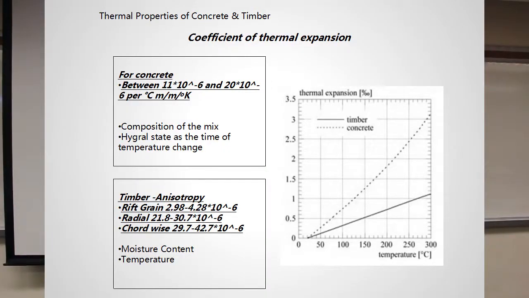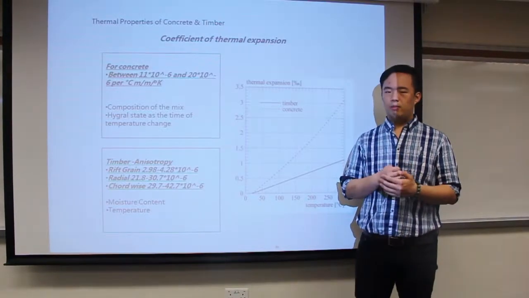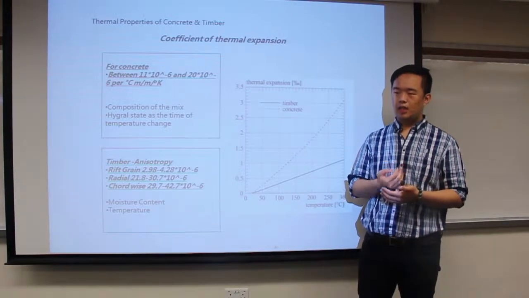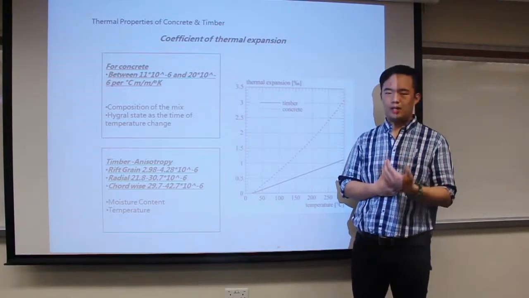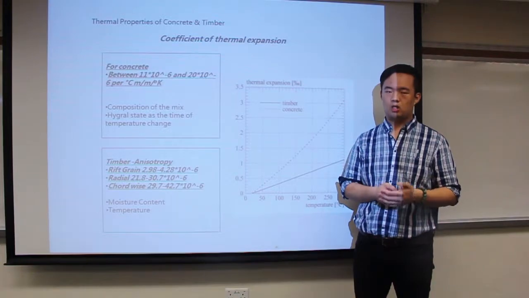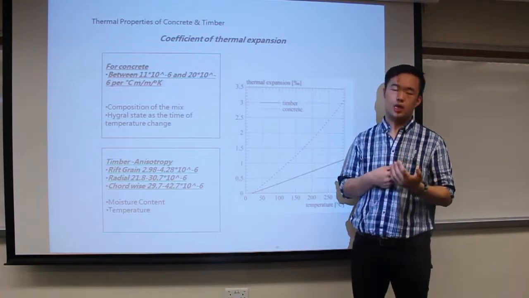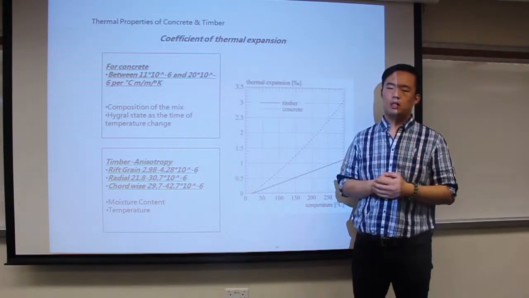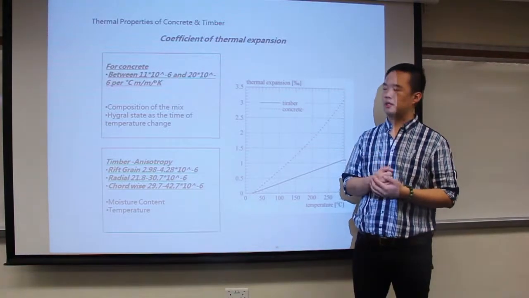So last, we will talk about the coefficient of thermal expansion. What does thermal expansion mean? It means that the mass, the substance, or the materials will always have the tendency to expand when the temperature increases.